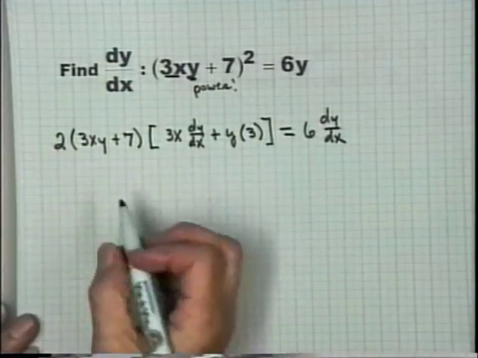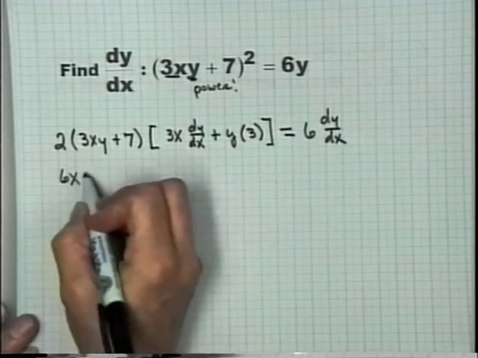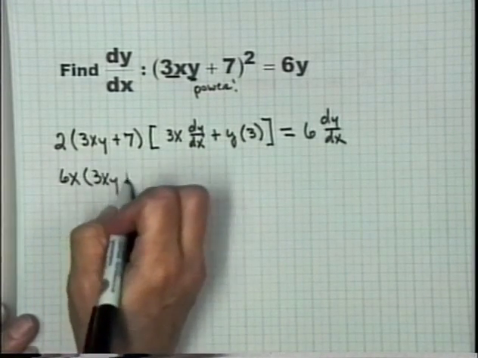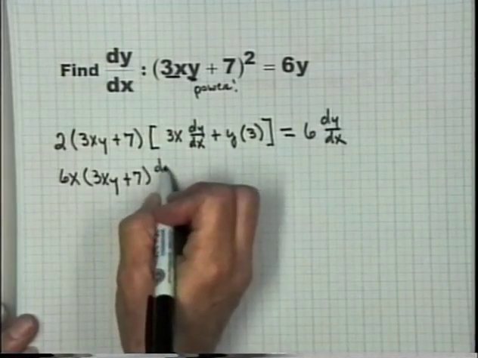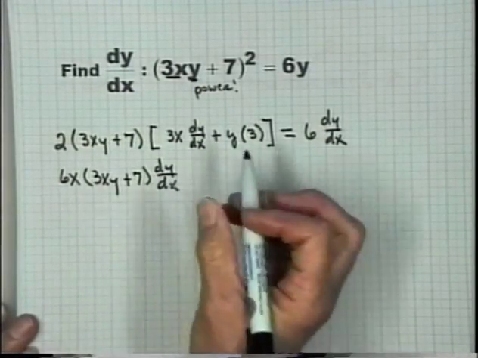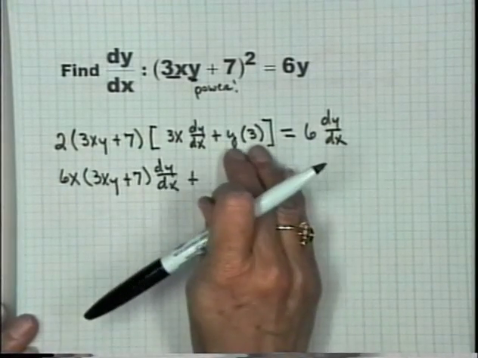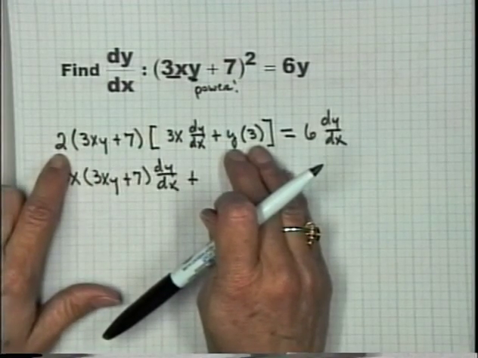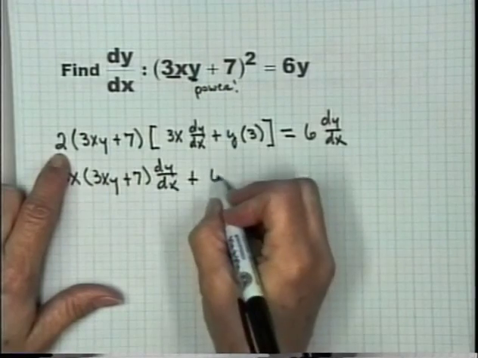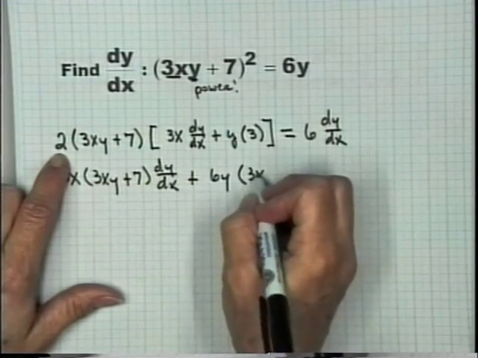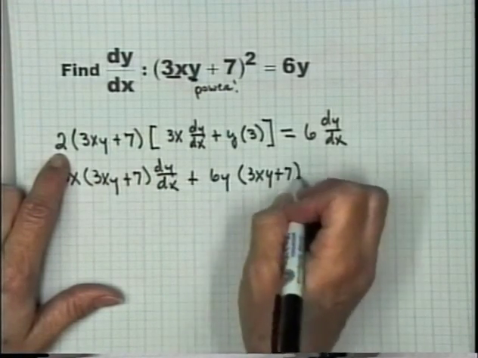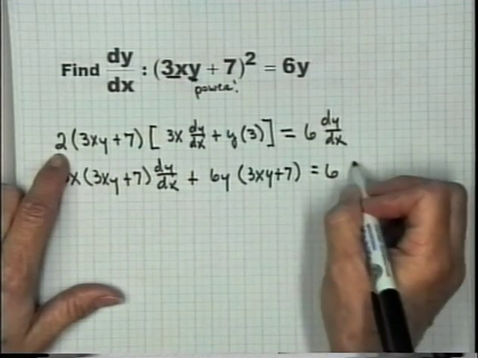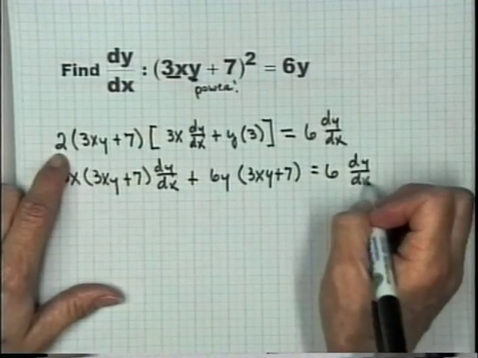So 2 times 3x, I have a 6x times (3xy plus 7) all times dy/dx. Plus, I have a 3y times 2 times (3xy plus 7). So it's going to be a 6y times the quantity 3xy plus 7 equals 6 times dy/dx.